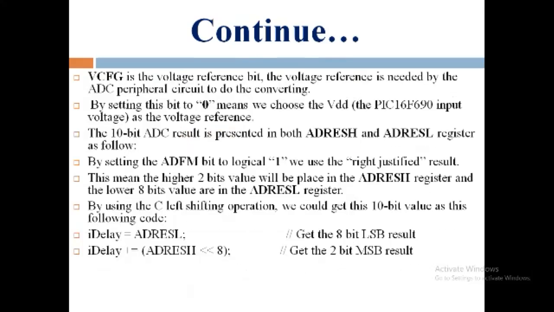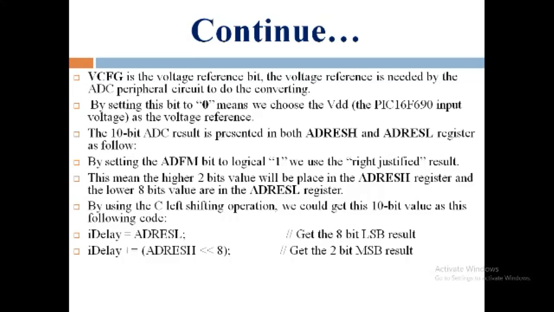Then VCFG is the voltage reference bit. The voltage reference is needed by the ADC peripheral circuit to do the conversion. Setting this bit to 0 means we choose VDD, the PIC 16F690 input voltage, as the voltage reference. The 10-bit ADC result is presented in both the ADRESH and ADRESL registers respectively.